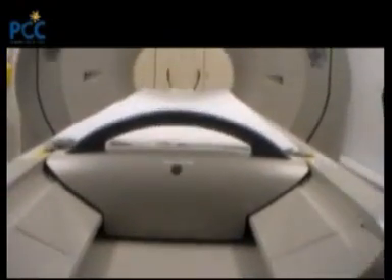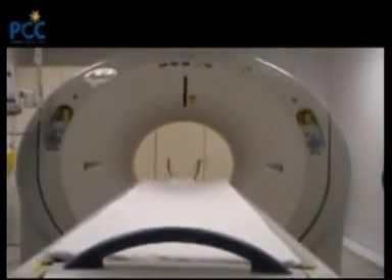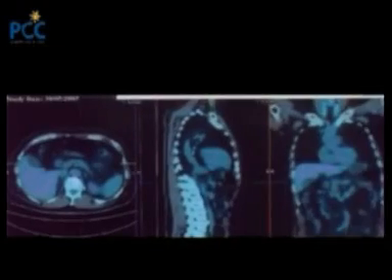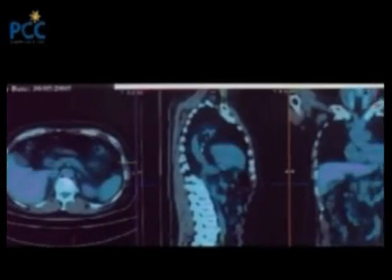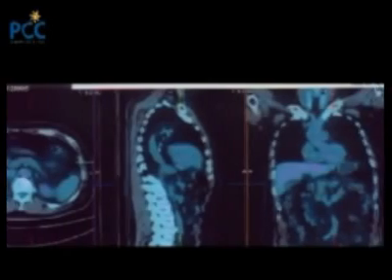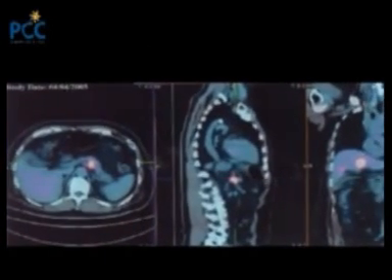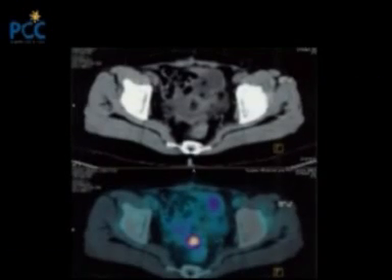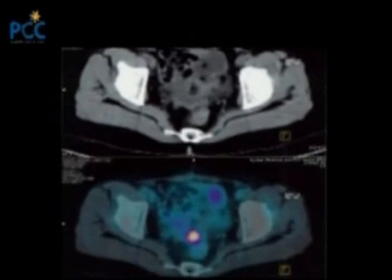The only difference is that it compiles both the CT images as well as the PET images. And the CT images will show you the structures where they are, the lung, the heart, the liver, and so on, while the PET part of it will incorporate into the CT images any areas of metabolic activity.